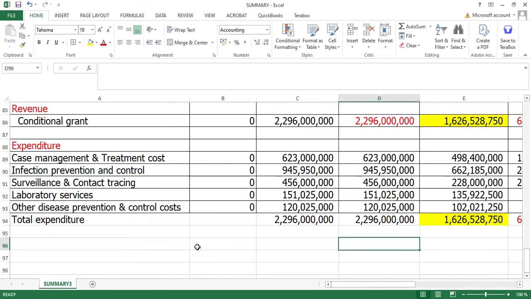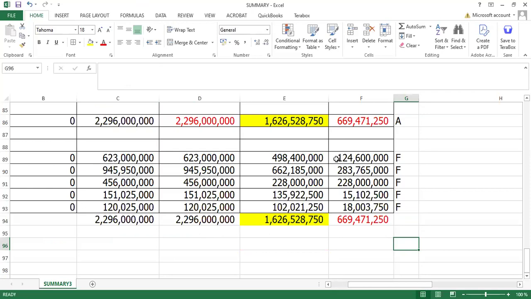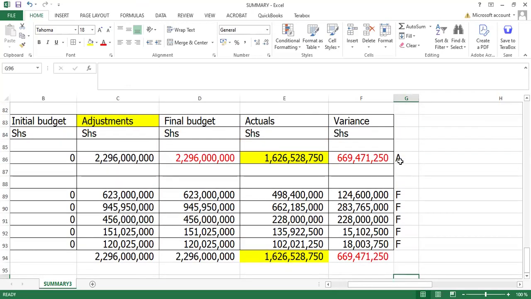Any question? So in your exam, it is recommended to show the variance as favorable or adverse. You may find that part of your expenditure, you had budgeted to incur this amount of money.